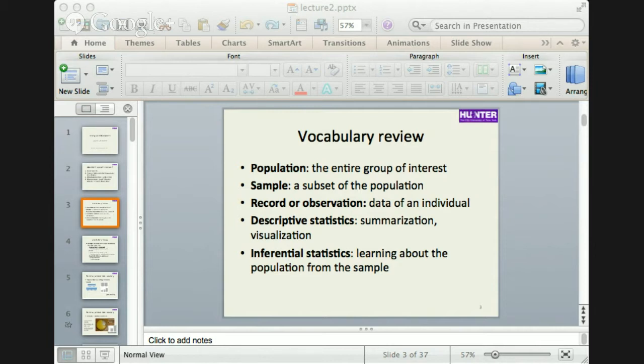Sampling distributions being what you get when you repeatedly sample from a population. But for now, it's enough just to know the difference between a population and a sample. The record or observation, that is one data point, if you will, from the sample. Descriptive statistics, what we're talking about so far, just describing your data, and inferential statistics being the hypothesis testing and drawing inference about the population from the sample.